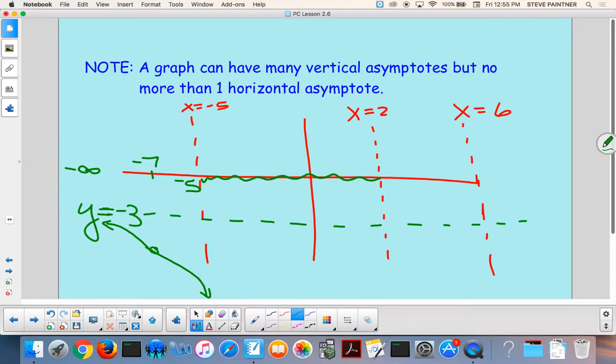And if you knew the x-intercept was right here, and you just wanted one more point, maybe try a 0. Let's say 0 is here. So you kind of know it goes maybe like that. And this is what you're doing on Monday, okay?